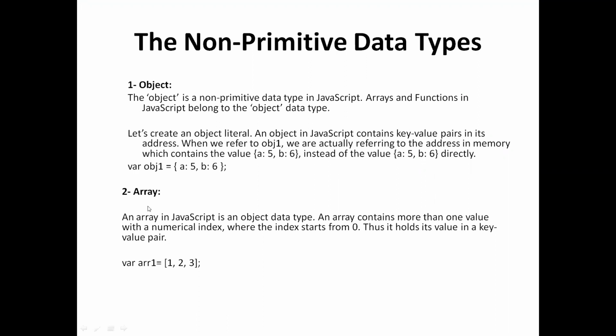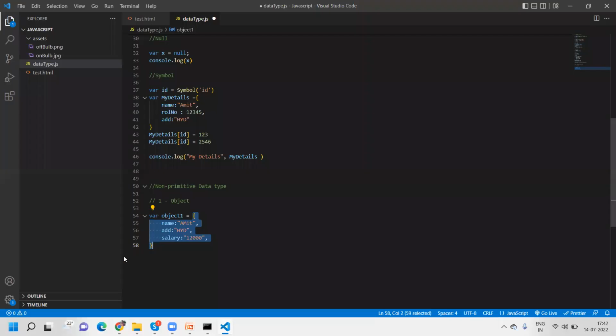Okay, array. What is an array in non-primitive data types? The second non-primitive data type is the array. So how can you define the array? I will show you. An array is a collection of objects.